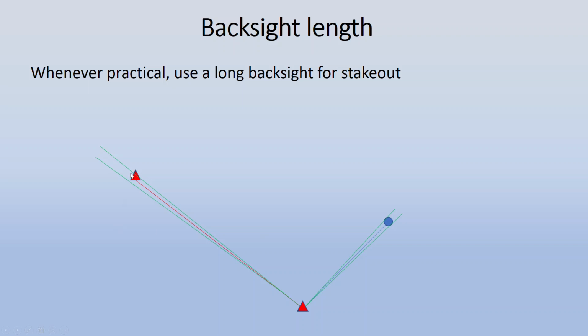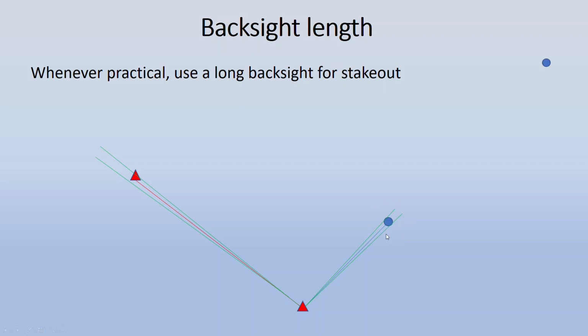So if we could live with the error over here at, say, 100 feet away, we're definitely going to live with that error over here at 40 feet away. The longer the backsight you have, the less tolerance error or random error you're going to be introducing to the points that you stake out.